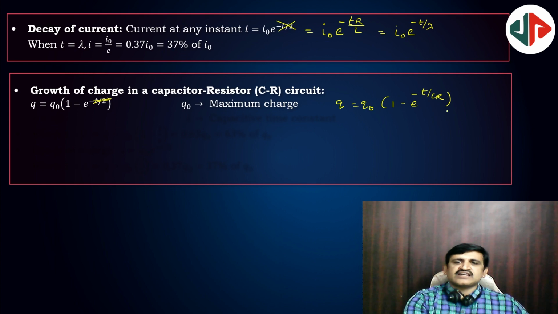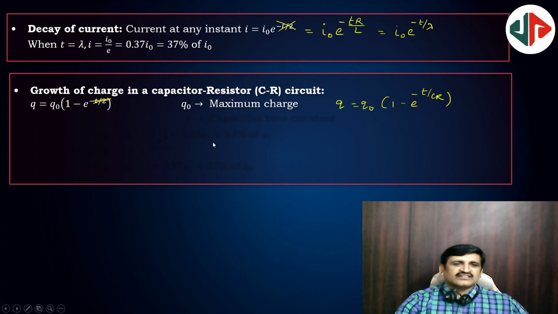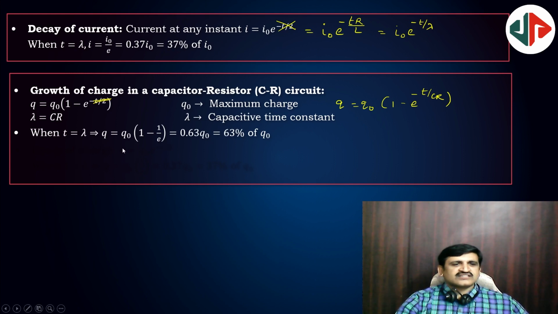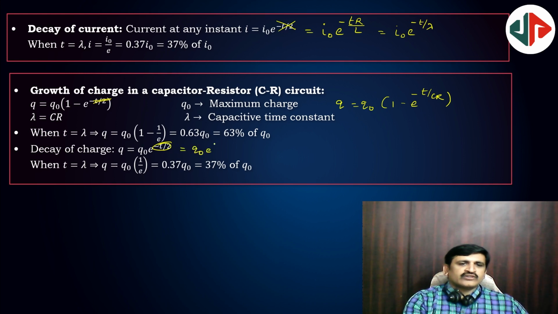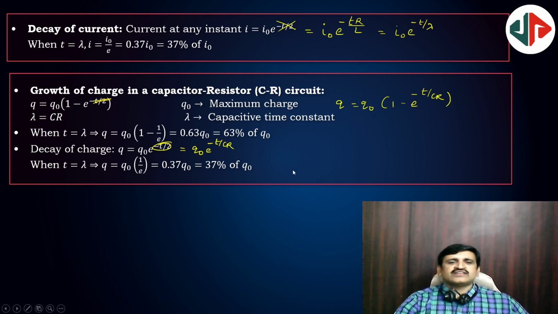In decay, Q is equal to Q naught e to the power of minus t by CR. In growth, 1 minus e to the power of minus t by CR is there; in decay there is no 1 minus.